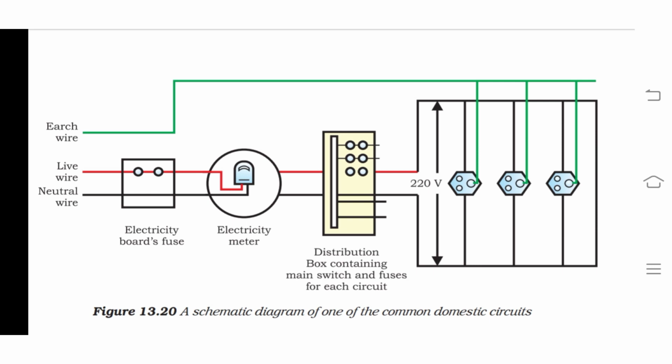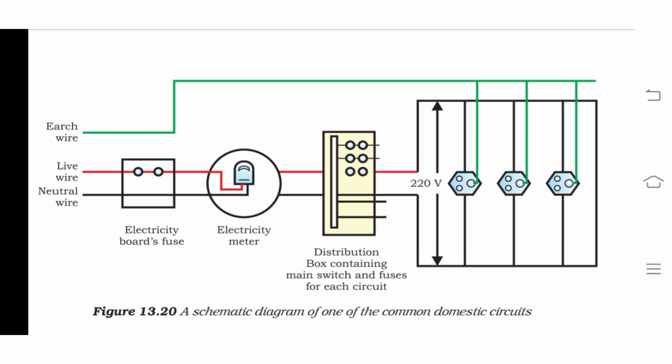Usually 3 wires are connected to the domestic circuits: one is the earth wire, one is the live wire, one is the neutral wire. The live wire and neutral wire come from the electric power station and enter the electric board. First we go to the electric board, then to the energy meter, then to the distribution switches, and then to all the domestic circuits. Clear? All the domestic circuits are connected in parallel to each other.